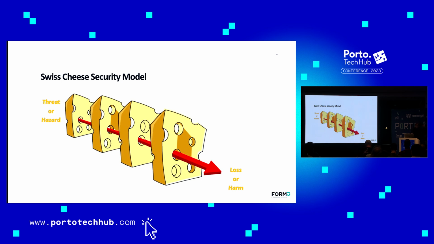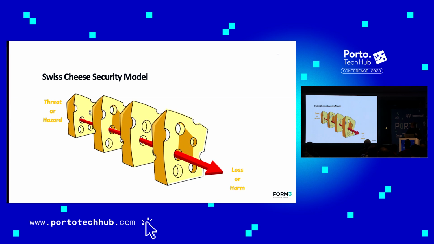Like stacking slices of Swiss cheese, each layer has different holes, and the other layers cover the holes of different layers. So we need to put in effort and secure each layer as much as we can. Again, we are not aiming for perfect security, that's impossible. We want a robust defense that makes it challenging for bad guys to succeed and gives us, the good guys, more time to detect threats and perhaps respond to them.